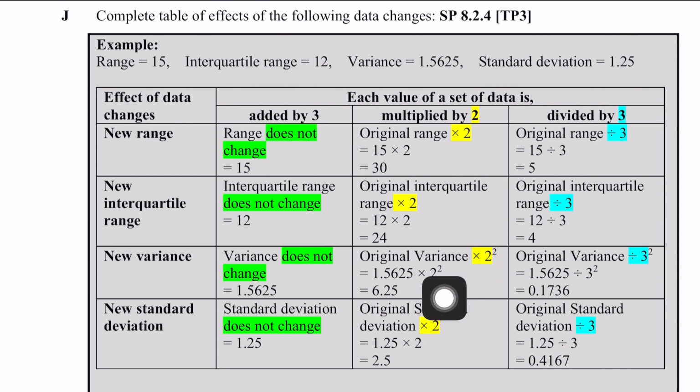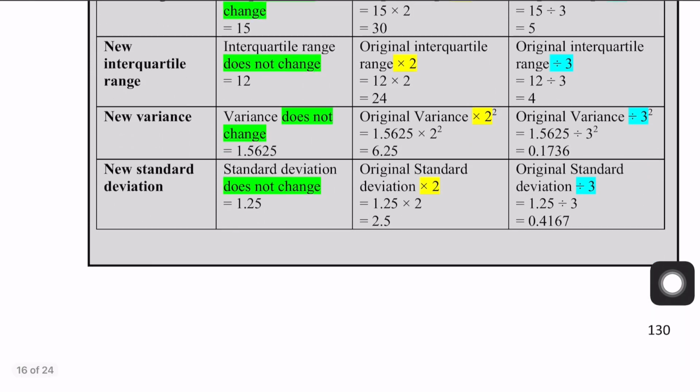Original variance kita darabkan dengan 2 square. Ingat, variance kena kita square kan. And last one, standard deviation times 2. The same thing goes with divided by 3. Everything we need to divide by 3, except for variance, you need to divide by 3 square. Boleh?